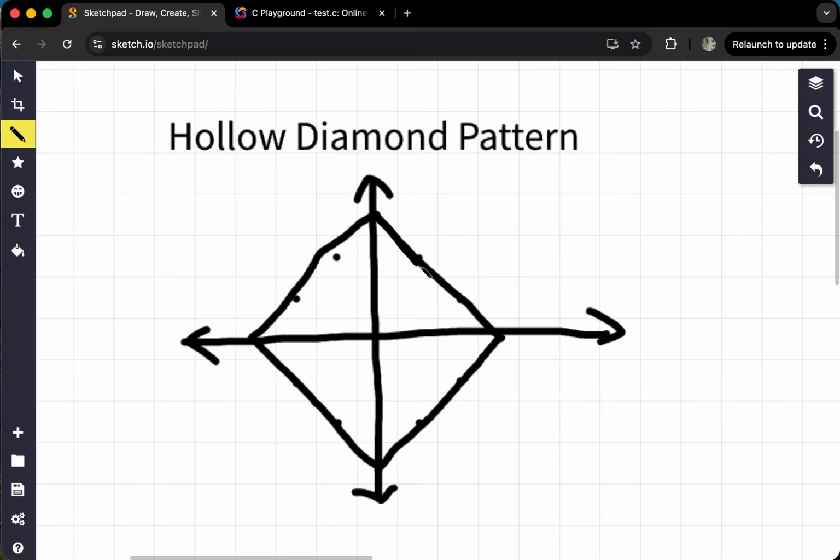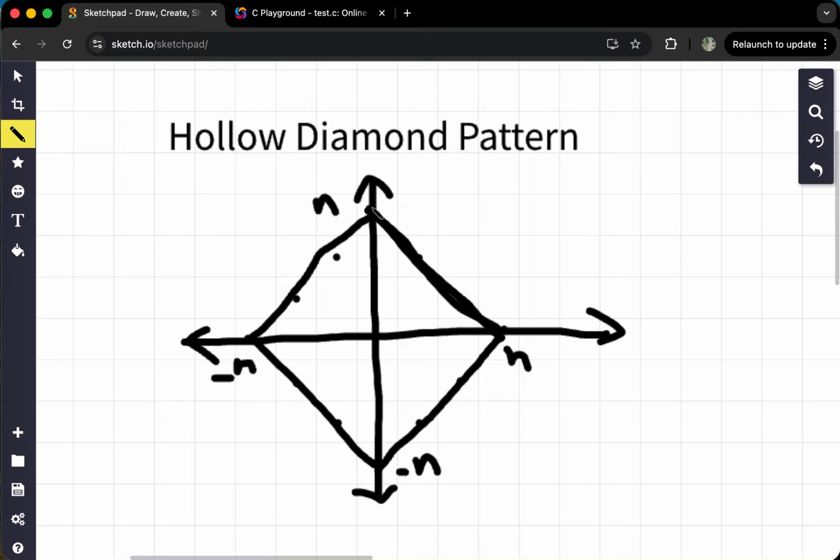So the equation for this line would be x plus y equal to n. At this point we have x coordinate equal to n, and at this point we will have y coordinate equal to n. Similarly, here we'll have minus n. The x coordinate would be minus n here, and here the y coordinate would be minus n. If you see this line, all the points have x plus y coordinate equal to n.